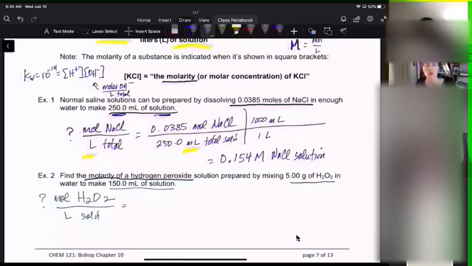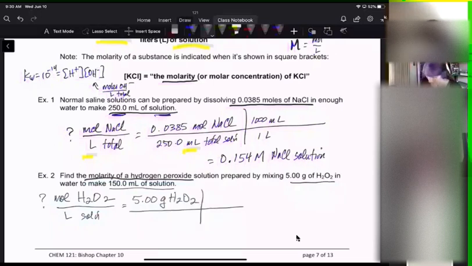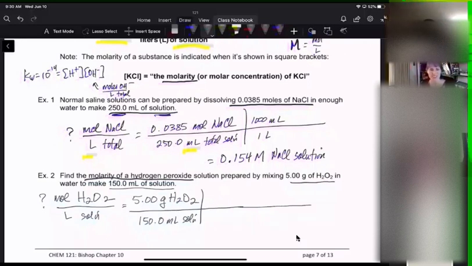That's the solute, so we'll put it on top. And that is the total solution, so I will put that down here. All right, what do we need to do to make that conversion? Go ahead and use your dimensional analysis to line it up.